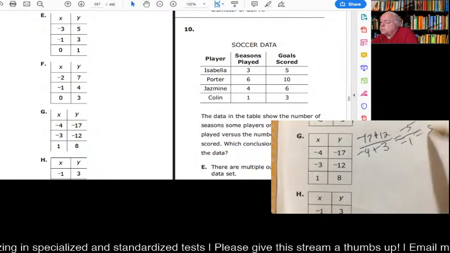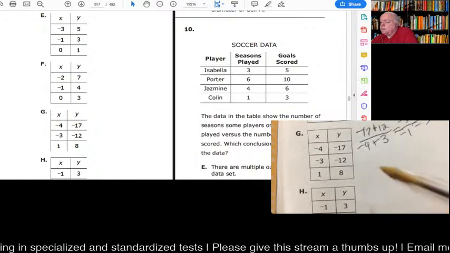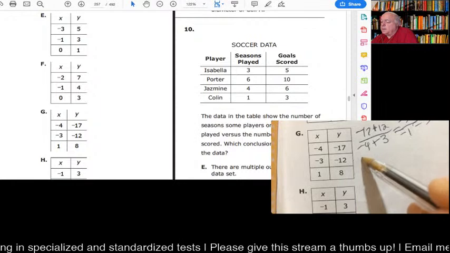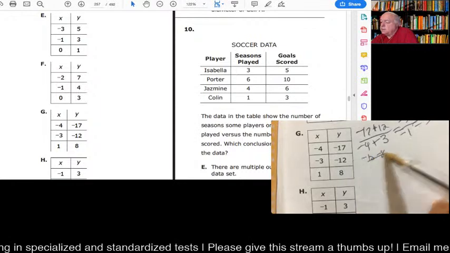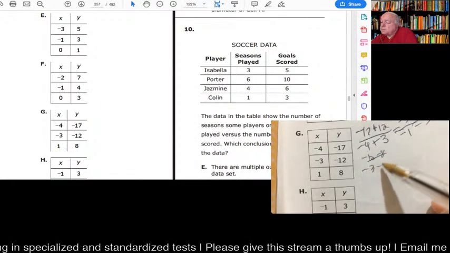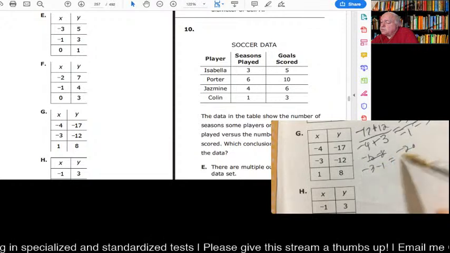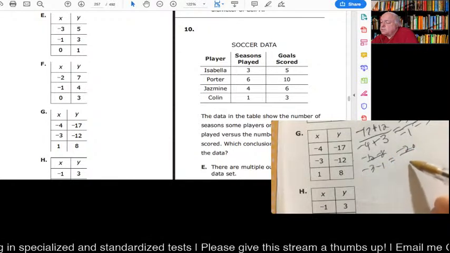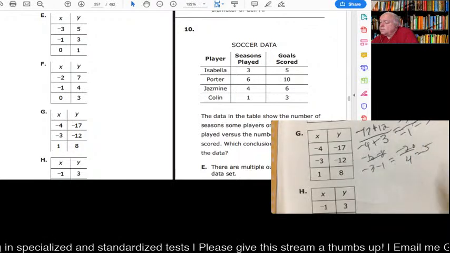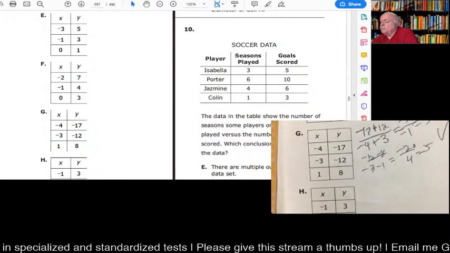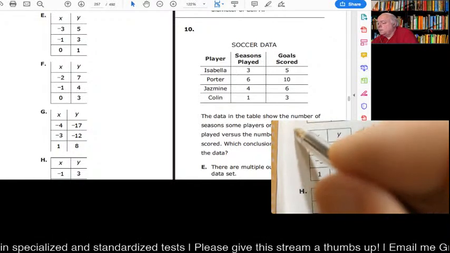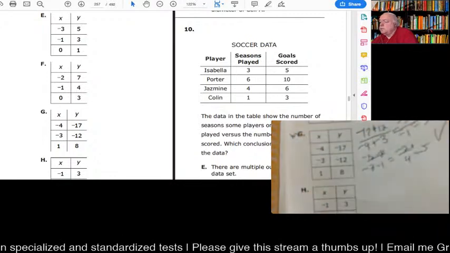So that gives us a slope of 5. And then down here we get minus 12, minus 8 over minus 3, minus 1. So we get minus 20 over minus 4, and that's equal to 5. So this seems like it checks out. So far the answer may be G.